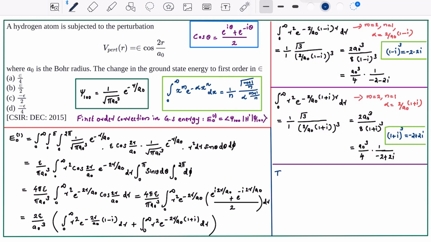So we have evaluated the value of the integrals, and let us substitute them in the above equation.